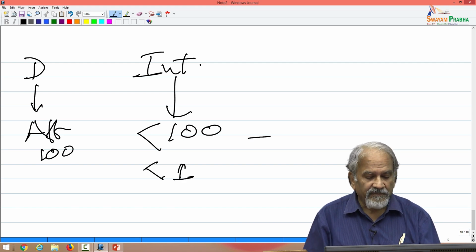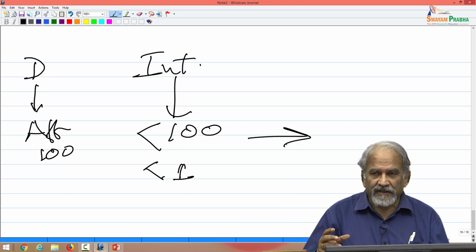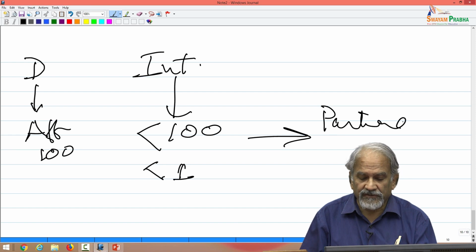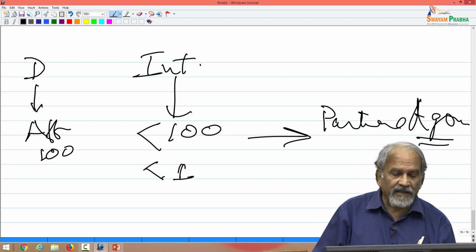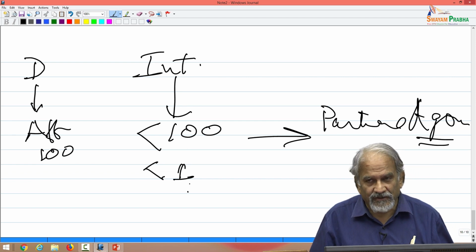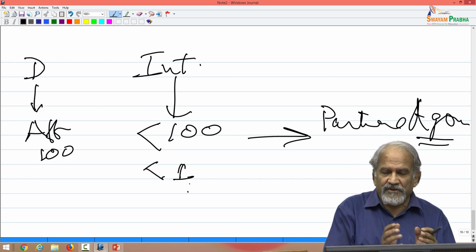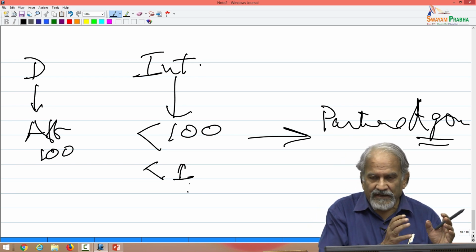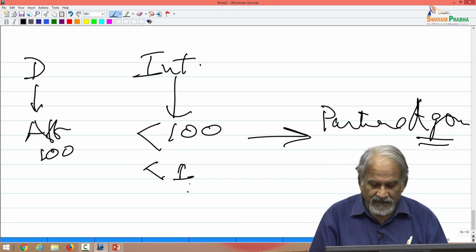That means their output will be less than the full agonist, and therefore, they are called a partial agonist. They are agonists, but they are less than 1. So, what are partial agonists? They have an agonistic activity, that means they have an affinity, and they have an intrinsic activity which is less than 1. So, this is a partial agonist.